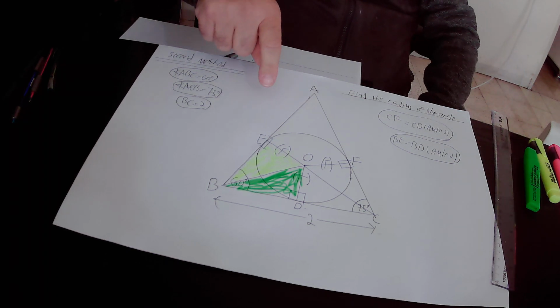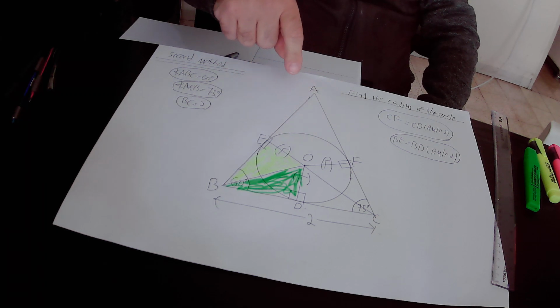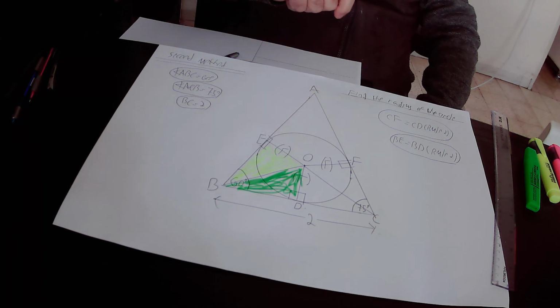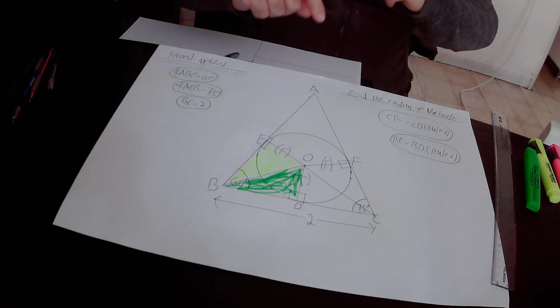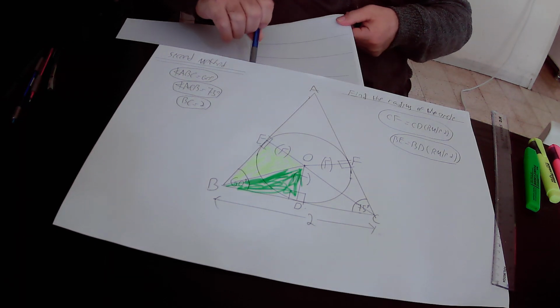First of all, side EO of the yellow triangle equals to side OD of the green triangle. They're both the radii of the circle, therefore they are equal to each other. So write it down.